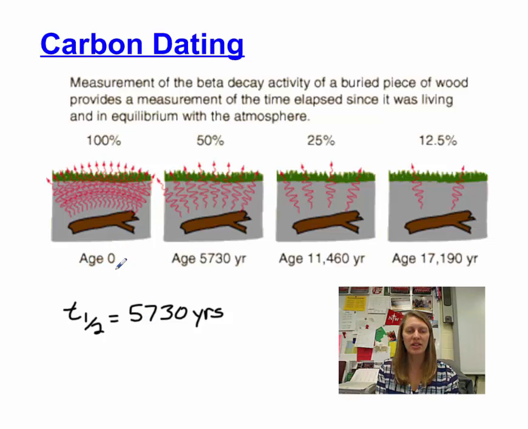Initially, when that living thing died, it had 100% of the amount of carbon-14 in it. So that would be age 0. But after 5,730 years, you have approximately 50% of that isotope. And that just continues to go. And so that is one way that we can use half-lives in order to help date things that we find.